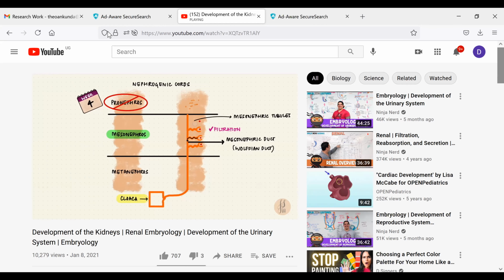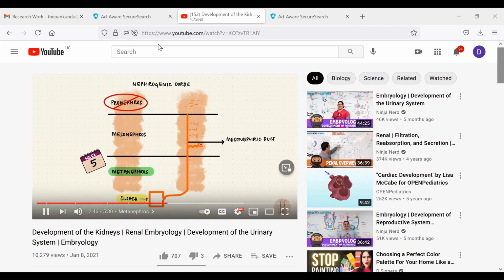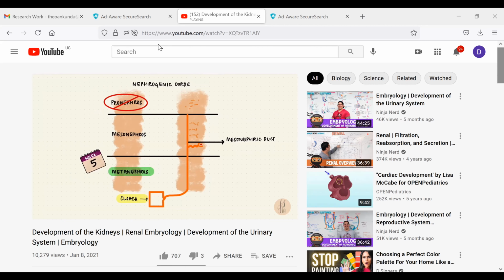Some of these can be done as well. Okay, so this is going to form the actual. So let's function this way. This is the ureteric bud. Now this is going to form the collecting system of the kidney. The lower part of the nephrogenic cord has the metanephric blastema.